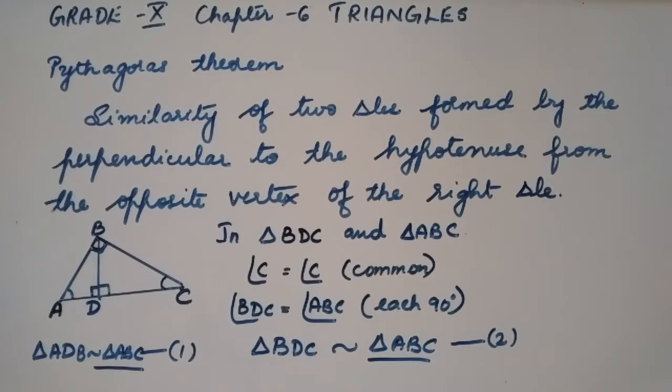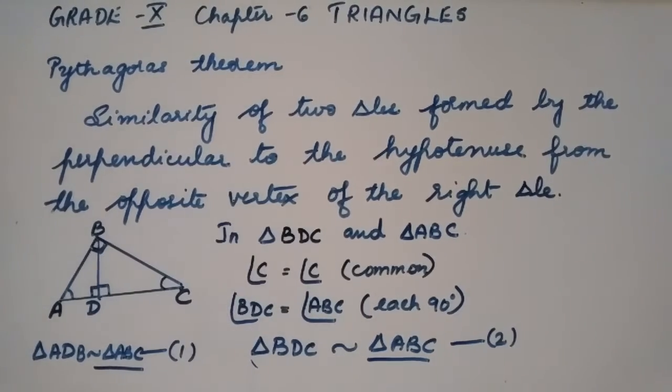Now since triangle ADB is similar to triangle ABC and triangle BDC is similar to triangle ABC, we can say that triangle ADB is similar to triangle BDC.